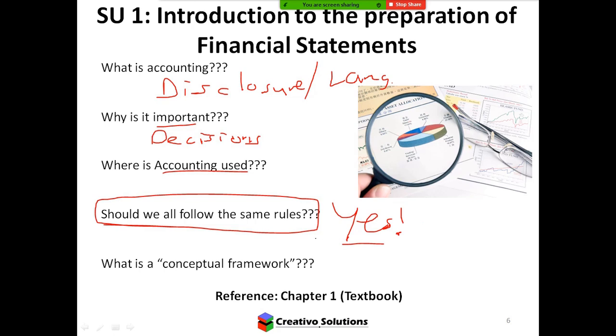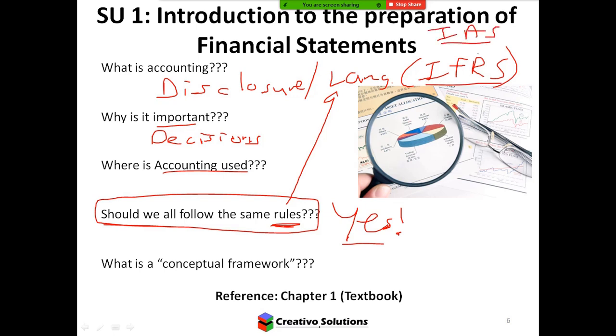So when you have rules, the rules are based on the language. The IFRS I also refer to as a dictionary. Think of speaking a language: you have a dictionary that gives you the definitions for different words. The same applies in accounting. IFRS is set by the International Accounting Standards Board, and they set all those rules.